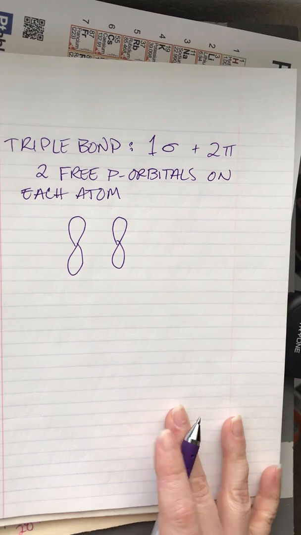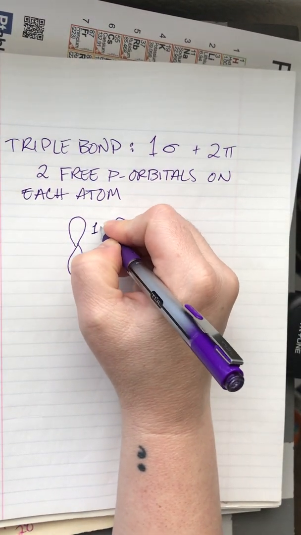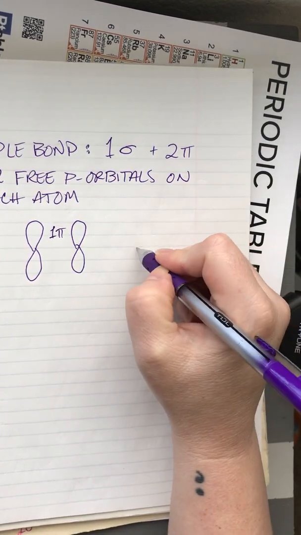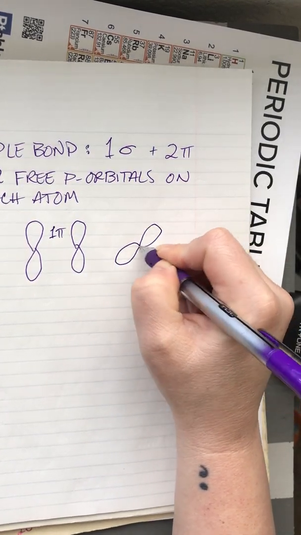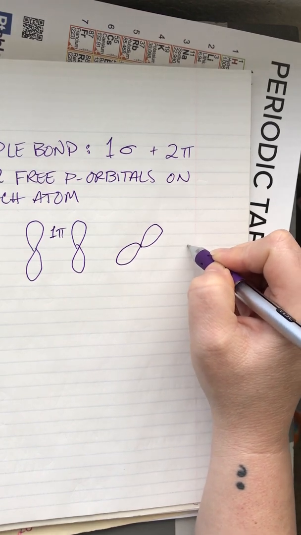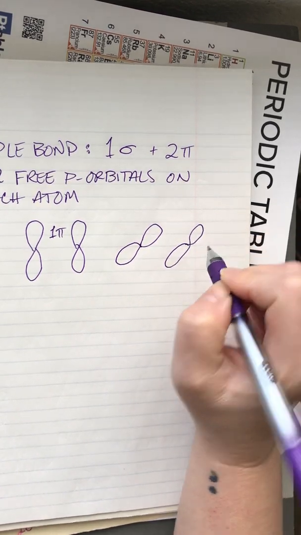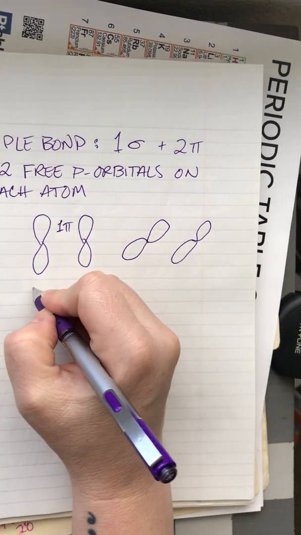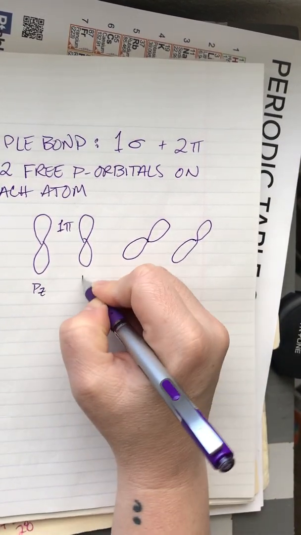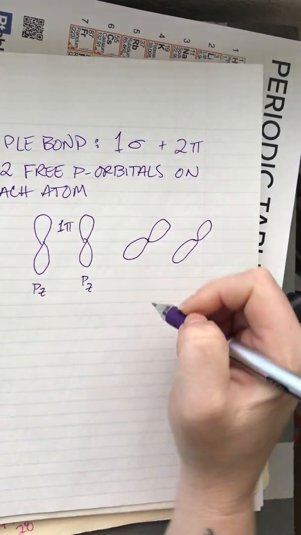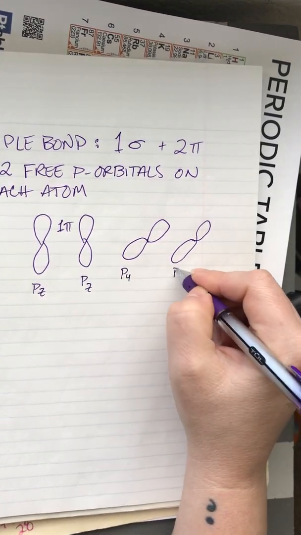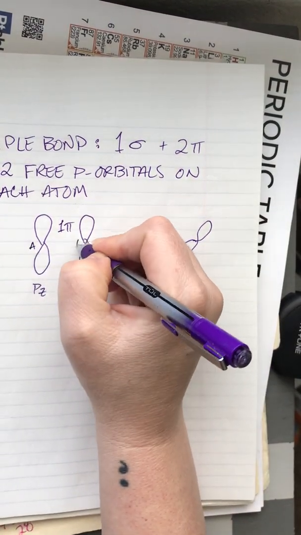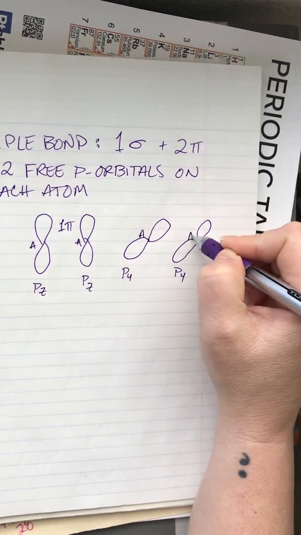Before, we were just starting off with our 2p. This gave us one pi bond. But now we also have another. I'm sorry, my three-dimensional pictures are very bad. Let's say this was PZ and PZ, and maybe this is PY and PY. I'm not drawing them on top of each other because it gets really ugly really fast.